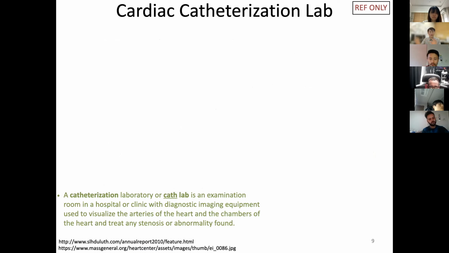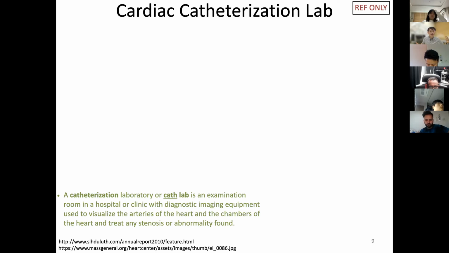Simply put, it is an examination room in a hospital or clinic with diagnostic imaging equipment. Because this is inside the body, there's no way to see it. What you need is real-time visualization of the inside of the body by using X-ray. But the X-ray has to shine on the heart through different angles.